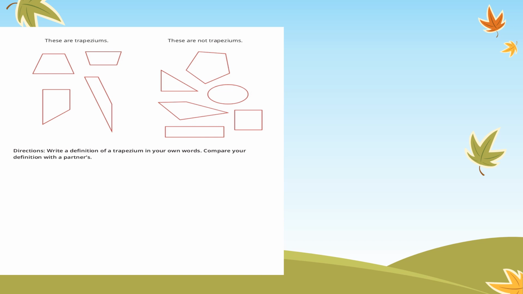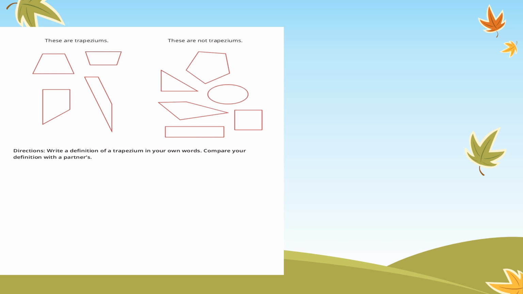And we said parallel means cannot meet. So each trapezium has 2 sides that can meet, so they are not parallel, and 2 sides that can never meet, so they are parallel.